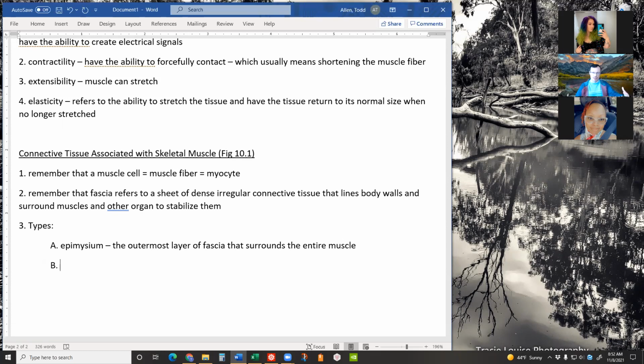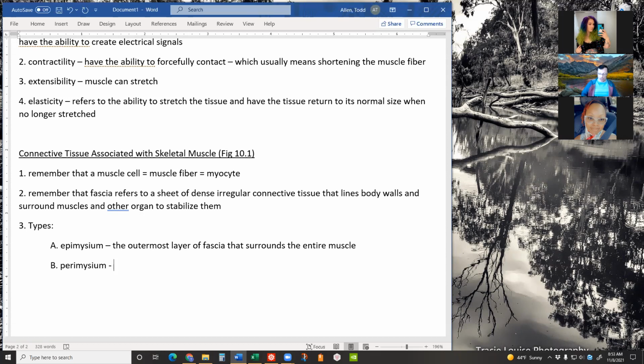Next, we're going to have a slightly deeper layer of fascia. This is called the perimysium. Perimysium, as you look at the terms in figure 10.1, is the fourth term down on the right side from top to bottom, and also the seventh term down as well.